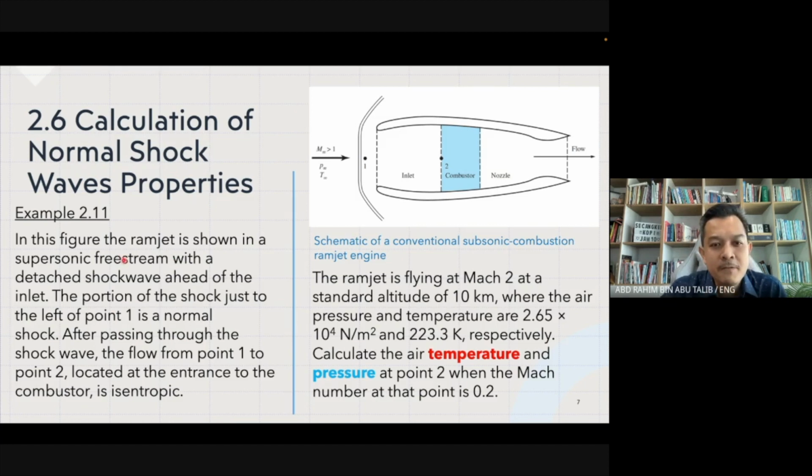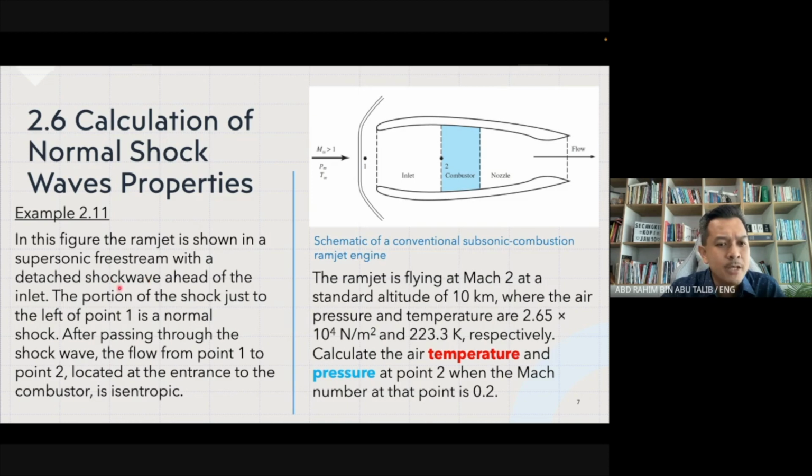In this figure, the ramjet is shown in a supersonic free stream, where the Mach number is more than 1. We have the free stream Mach number, pressure, and temperature ahead of the engine inlet itself.